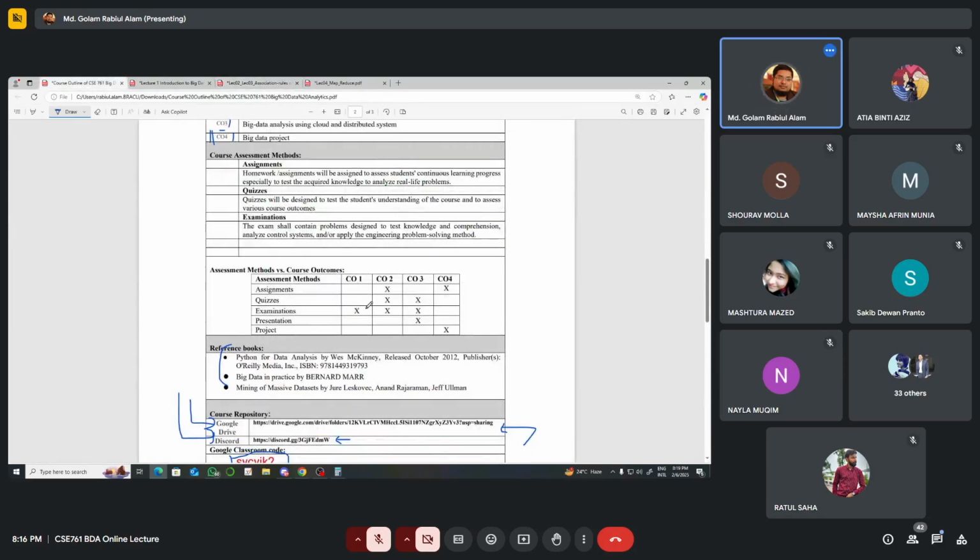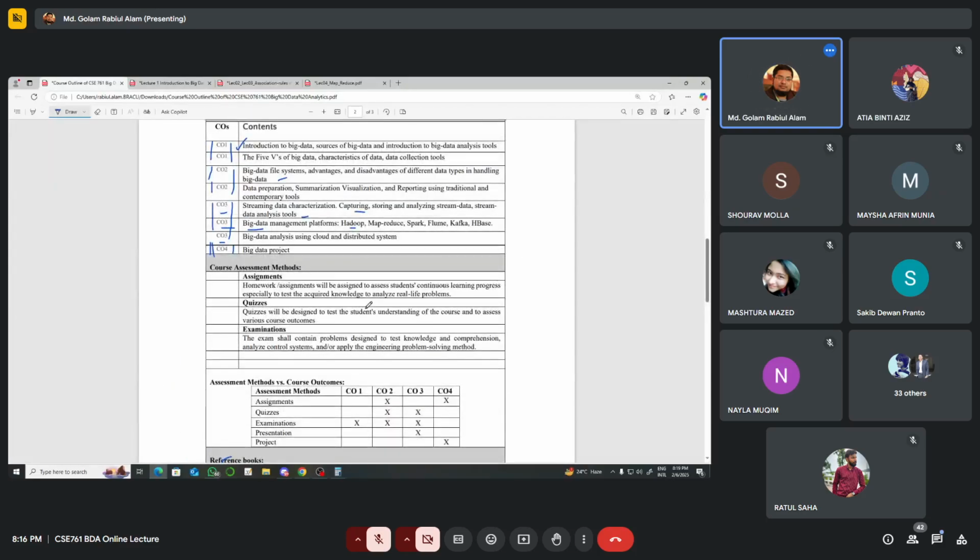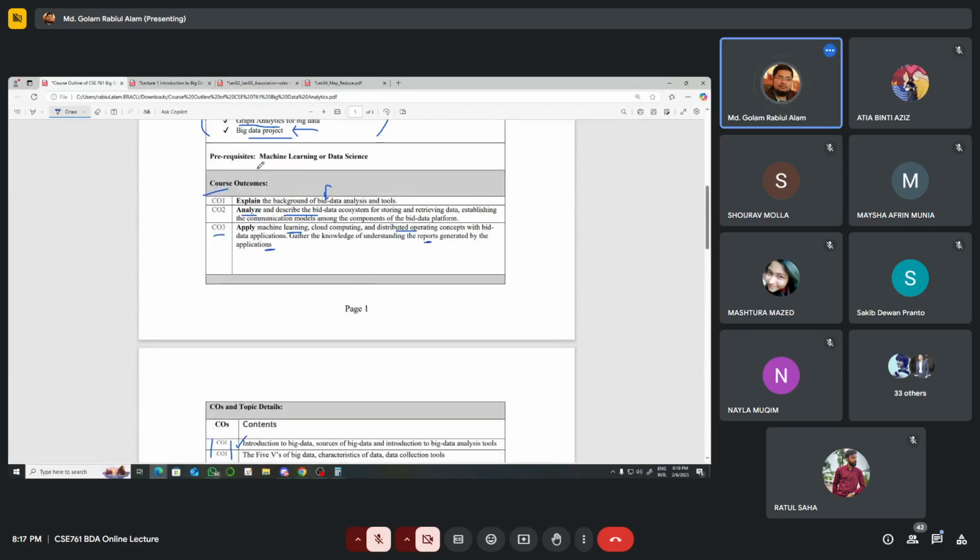As I have written in this course, actually we need to know machine learning and data science before taking big data. Otherwise, many algorithms of machine learning I will discuss, but I will assume that you already know those algorithms.